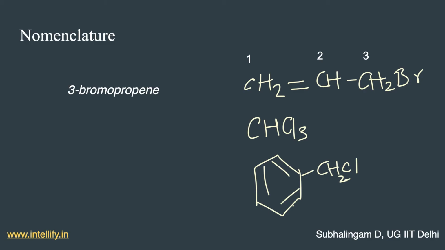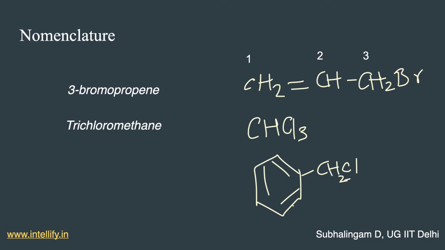Let's look into CHCl3. This is an important compound and it's pretty simple to name. Name is trichloromethane. Next we have benzyl chloride. In this example, the main chain is a single carbon atom and it does not include the aromatic ring. In fact, the aromatic ring is substituted to a single carbon atom.